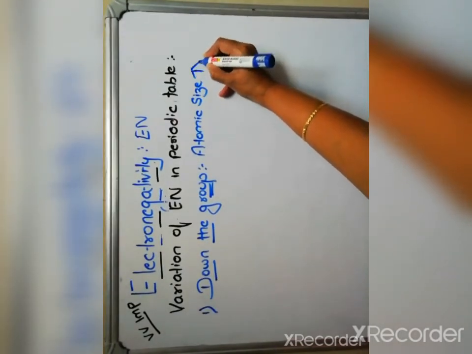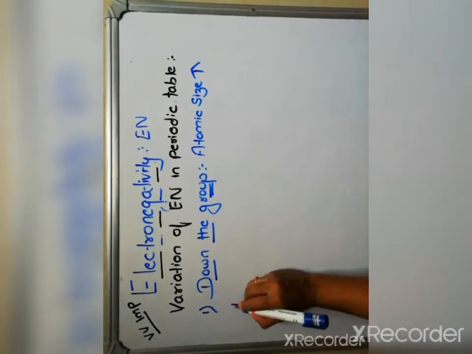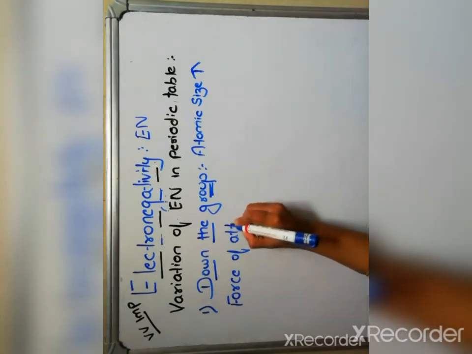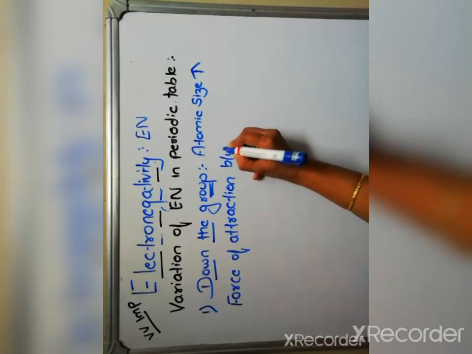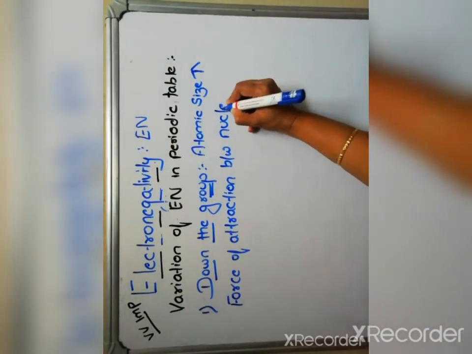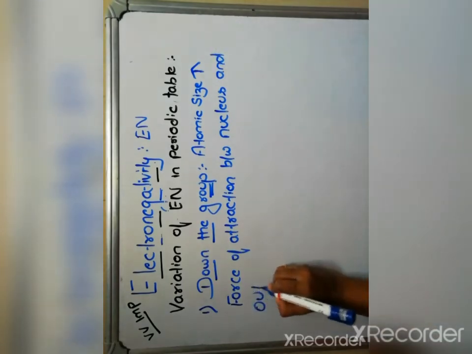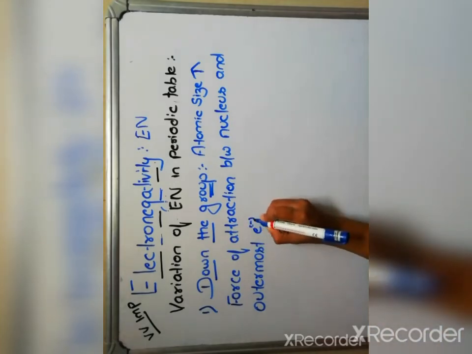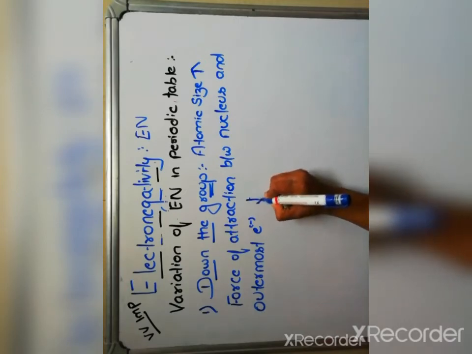Whenever the atomic size increases, the force of attraction between the nucleus and the outermost electron decreases.